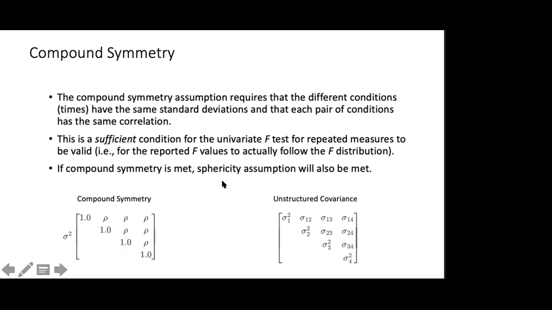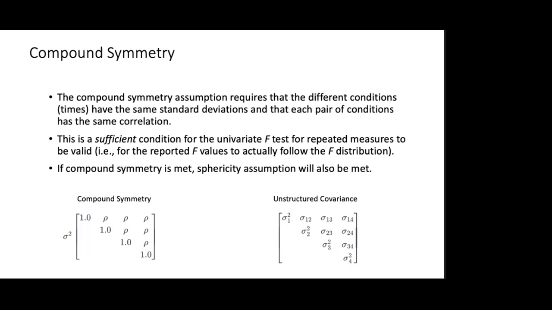If you delve deeper into mixed models and the implementation in R, sphericity is basically a special case, a less restrictive case, of the condition called compound symmetry. Compound symmetry requires that all the different conditions or measurement time points have the same standard deviations, and that each pair of conditions has the same correlation.